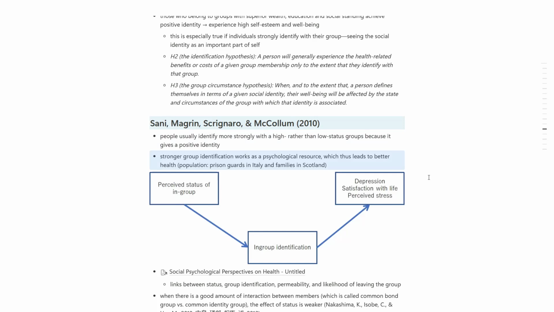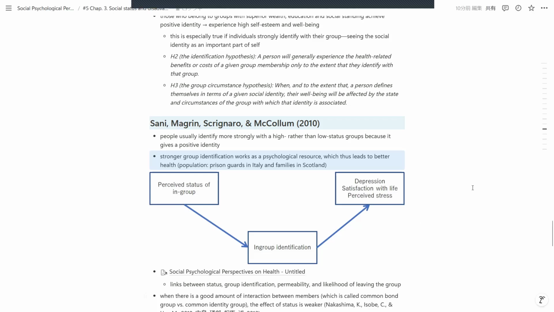Sani and his colleagues studied a population of prison girls in Italy and families in Scotland. Basically, what they found was that when individuals perceive the status of their in-group as high, it leads to stronger in-group identification. And the stronger in-group identification is related to better well-being.